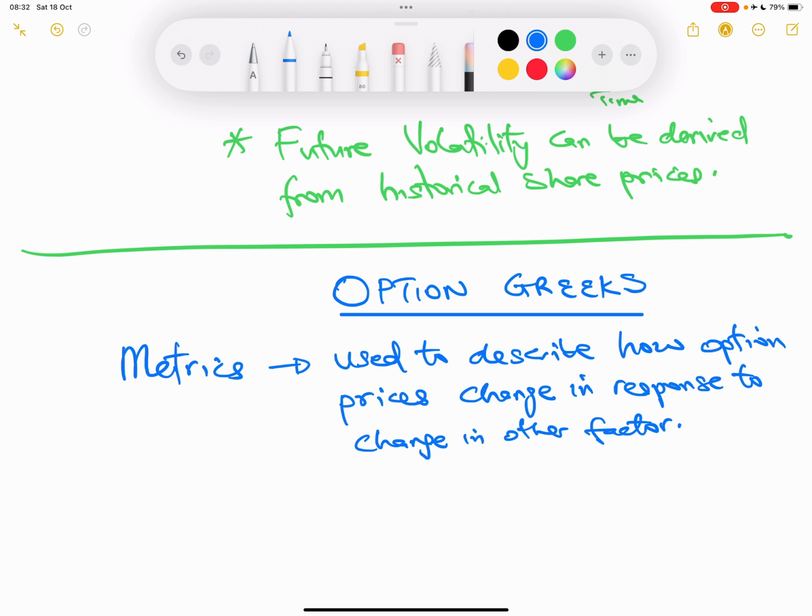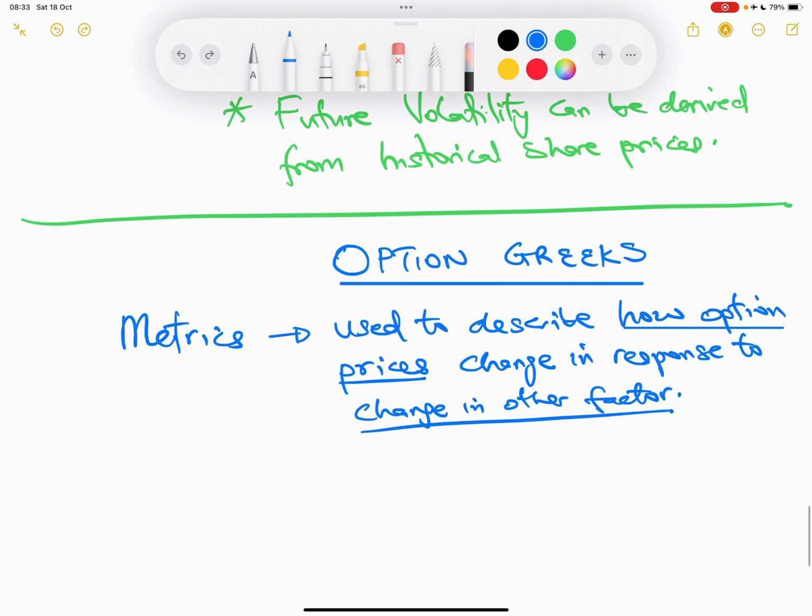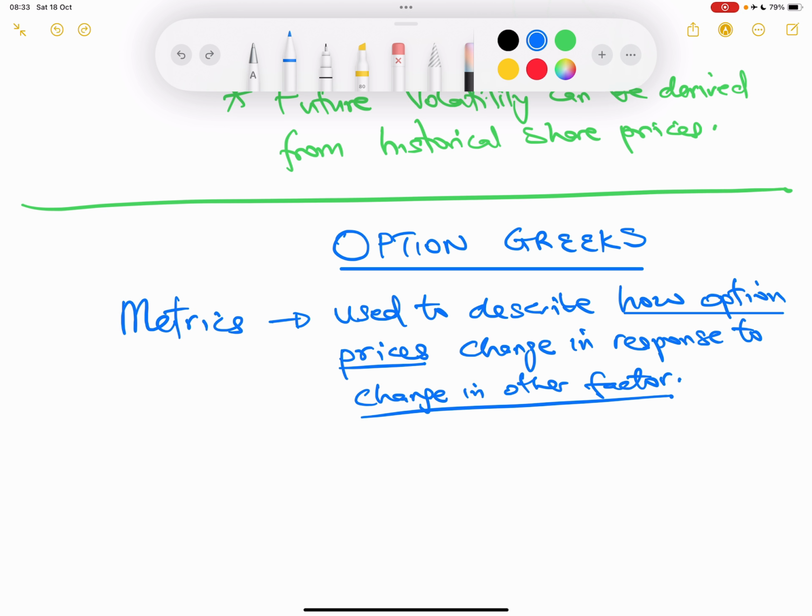Remember, the focus is how option prices change when other things are also changing. Which means what we're talking about here is how the option values are changing when different things are changing.